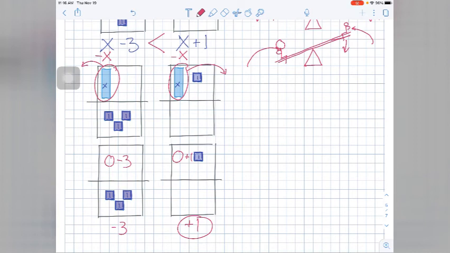So this is the last simplifying move. The last simplifying move is called removing a balanced set.